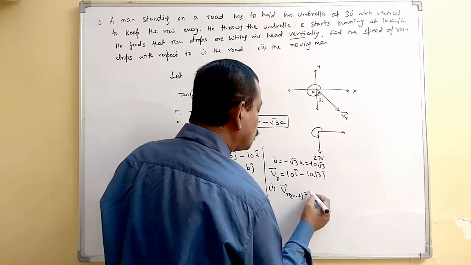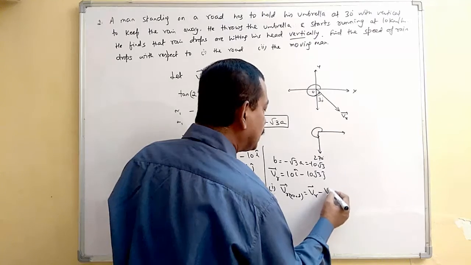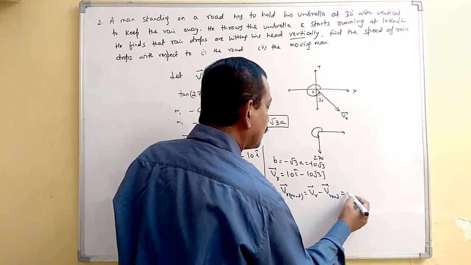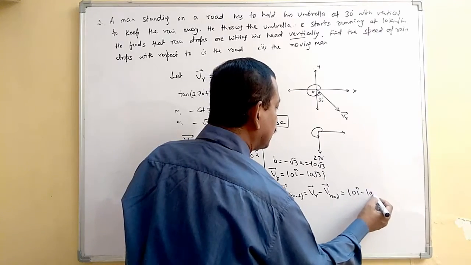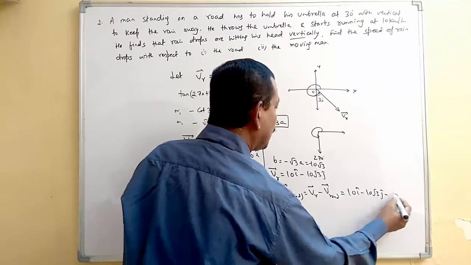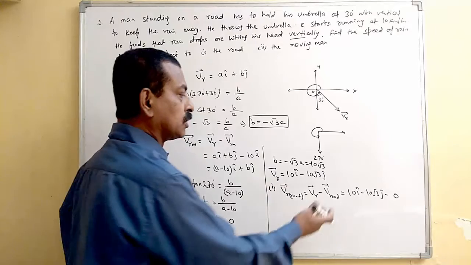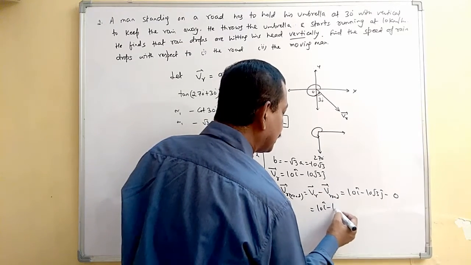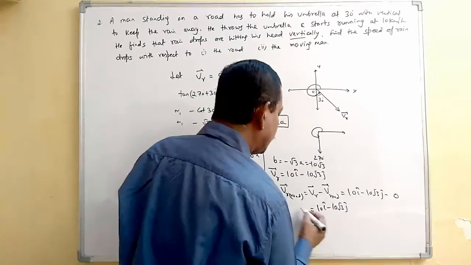So for the first part, velocity of rain with respect to the road will be equal to velocity of rain minus velocity of road, which is 10 i minus 10 root 3 j minus 0, because the road's velocity is 0. So it is 10 i minus 10 root 3 j.